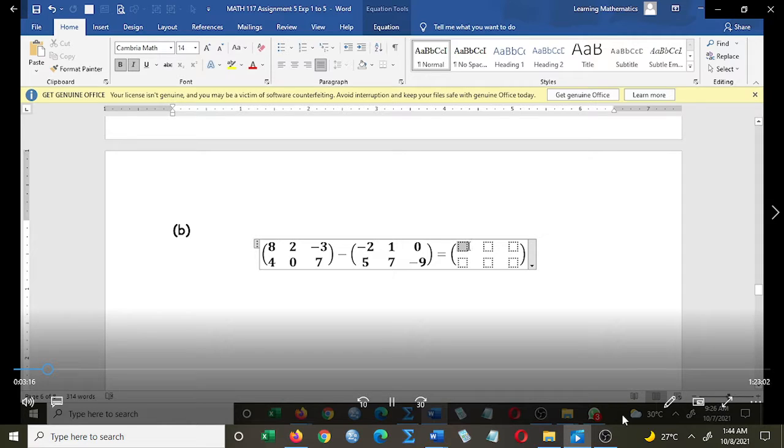Positive 10. Share with us how you got positive 10. So 8 minus 2. A negative and a negative is a positive. Nope, a negative and a negative is not a positive.